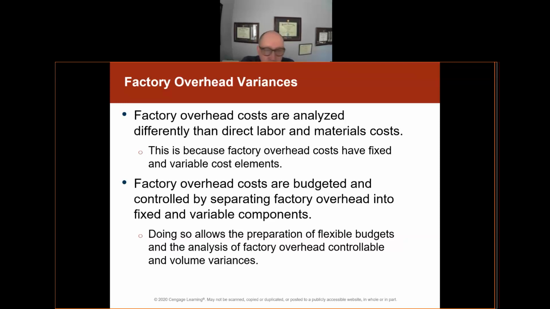And that would include things like utilities, or indirect materials. Those are variable cost components. And so what we do to identify variances in overhead is we separate out the fixed and variable components. And we look at both in their respective areas, and what we can control and what we cannot control.